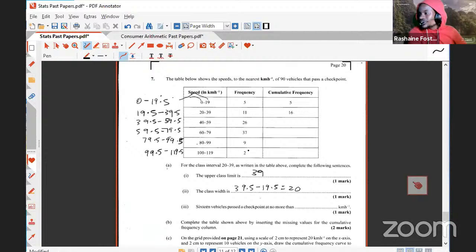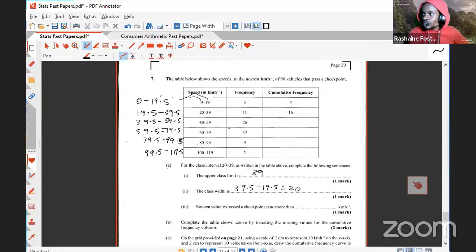So I cannot use the 59.5 because it's not in the class they're talking about, the class interval 20 to 39. That's why we use what's in that class interval, which is 39.5 and the 19.5. But if they did not specify and just asked what's the class width of the classes, then you could do it that way, of course.